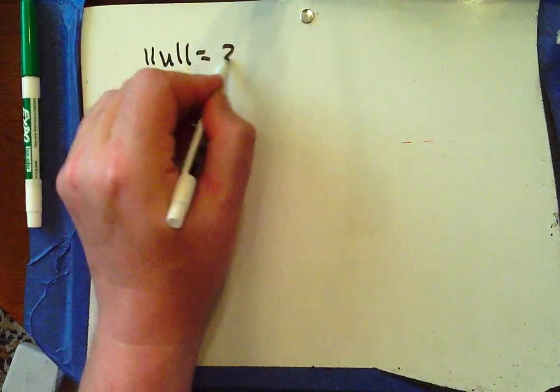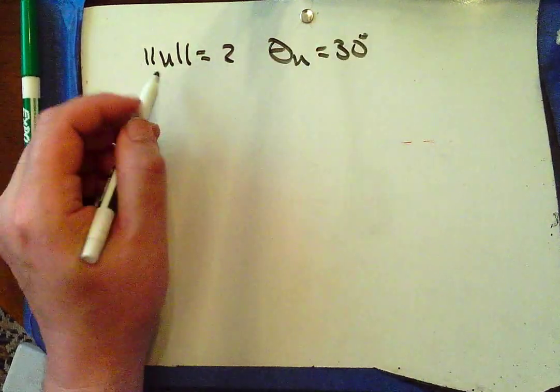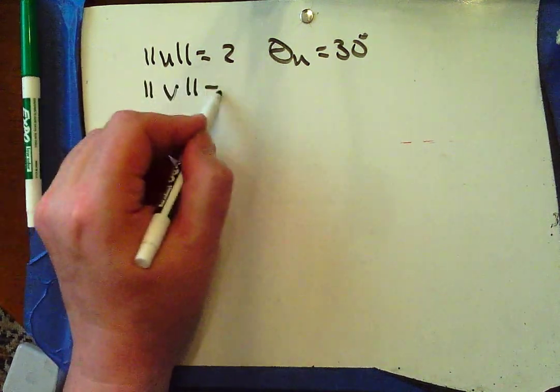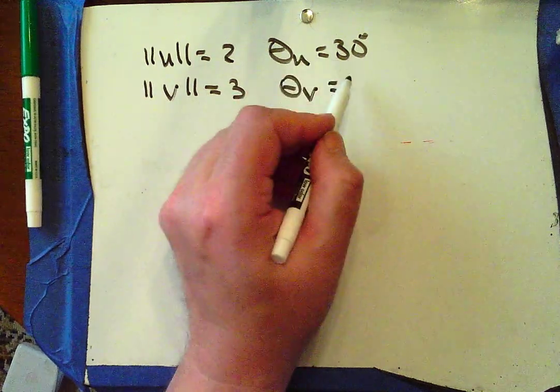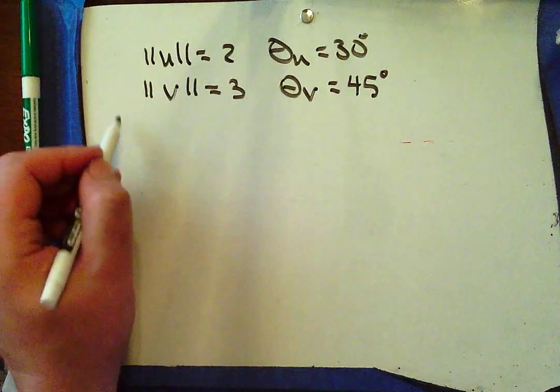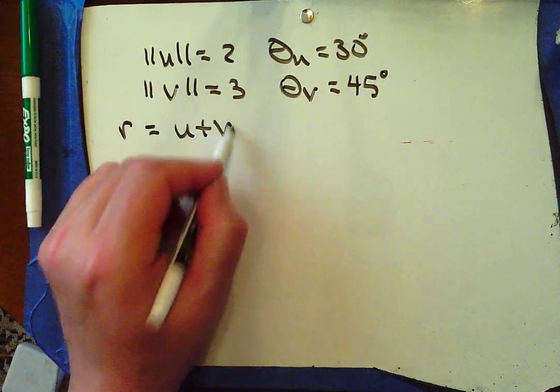Well, what if we're given this vector information? The magnitude of u equals 2 and theta u equals 30 degrees. The magnitude of v equals 3 and theta v equals 45 degrees. And what we'd like to find is r, which is the result of u plus v.